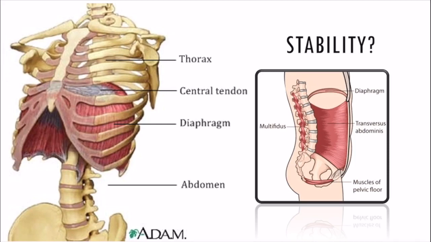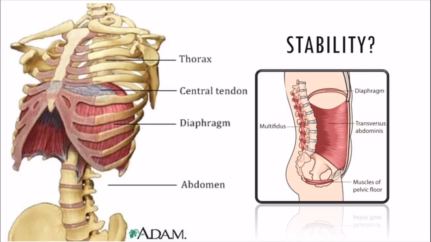Now, to be clear, contraction of the diaphragm cannot voluntarily move the trunk, but it absolutely plays a role in spinal stability because as you increase intra-abdominal pressure, you stabilize the spine. And the diaphragm has a key role in contributing to the generation of intra-abdominal pressure, as it's the ceiling, and as it comes down, it can increase that pressure.